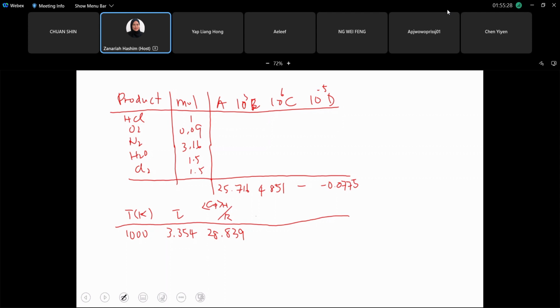Then you get delta HP, which is 168.28. I think it's better to put it in kilojoule: 168.28 kilojoule.